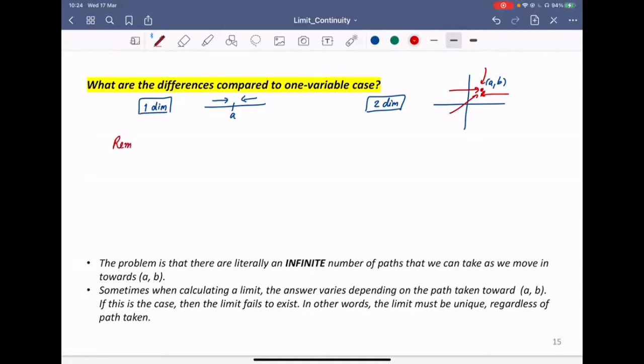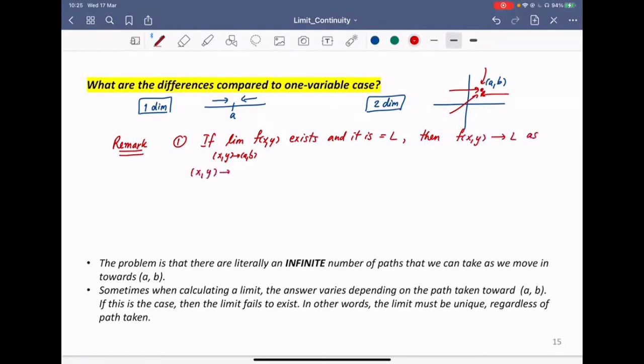Remark number one. If the limit of the function f as x, y go to a, b exists and is equal to L, then the function f of x, y is going to go to L as x, y approach a, b along any smooth curve.